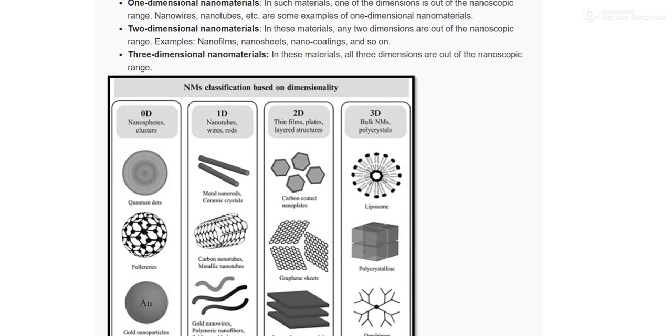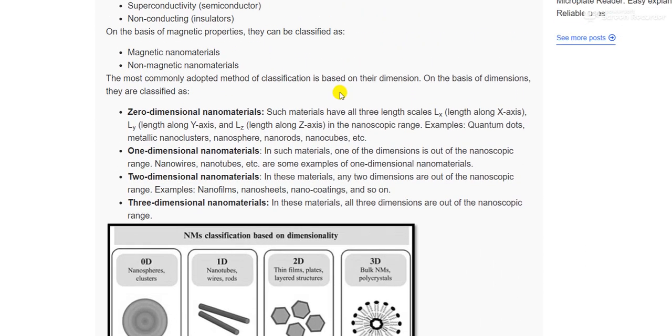So what do you mean by all these classifications? How are we able to classify this? Let us see the 0 dimensional nanomaterial. In a 0 dimensional nanomaterial, all 3 length scales, that is the length along the x-axis Lx, along the y-axis Ly, and along the z-axis Lz, are in the nanoscopic range.